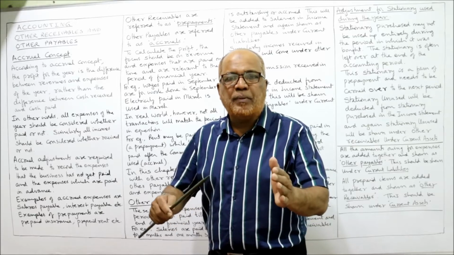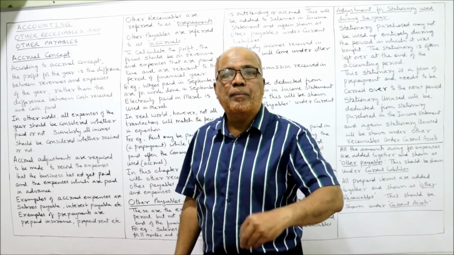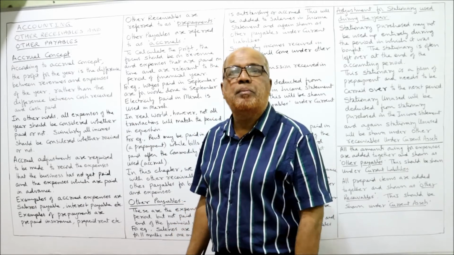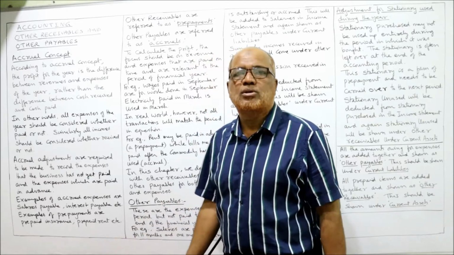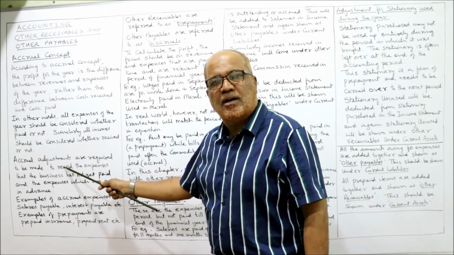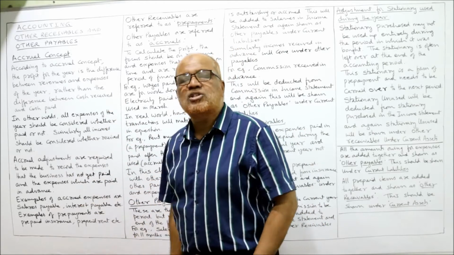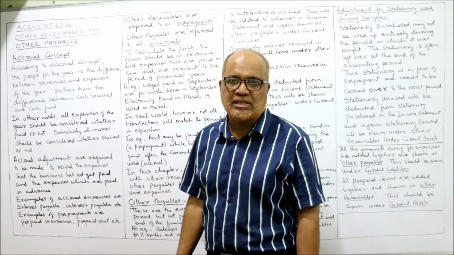For example, we have paid the expense of the next year in the current year itself. We have paid the expense in advance. These are called prepayments. So these accrued expenses and prepayments are called accrual adjustments. Right? So this is the explanation about the accrual accounting concept.